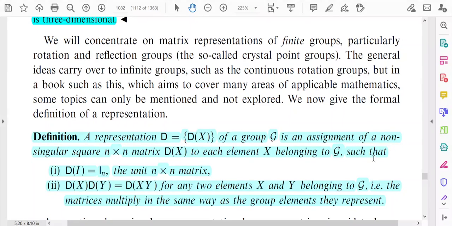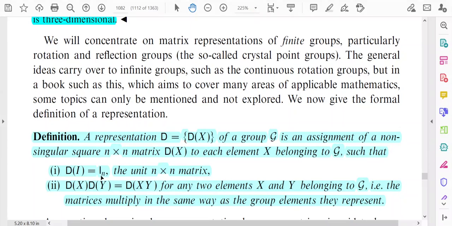We have to say it in this way: non-singular, not singular. It is a non-singular square n by n matrix Dx assigned to each element x belonging to G, such that D of I is equal to In.